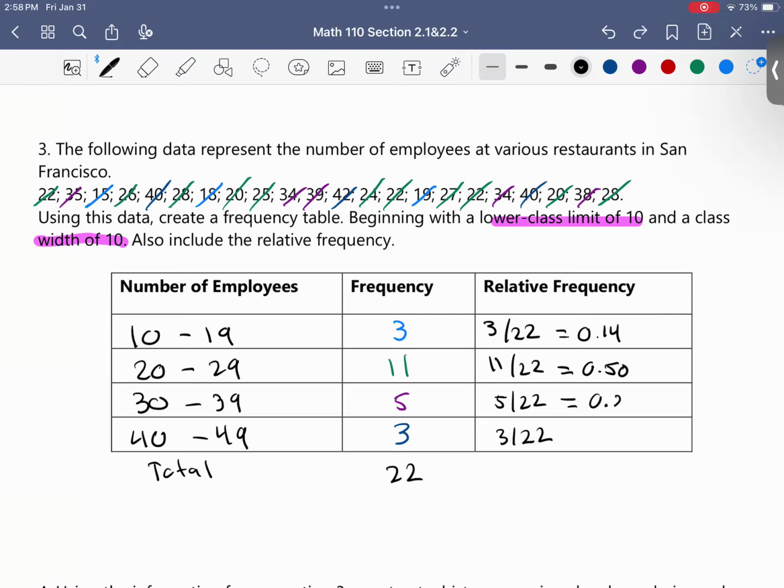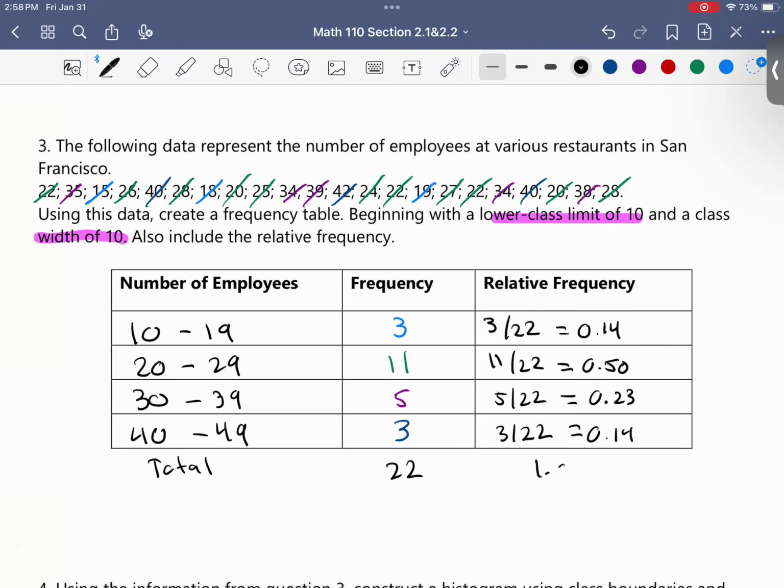Excuse me. 3 divided by 22 is 0.14. And all these add up to, if you put them in your calculator, 1.01. So at least we're close to 1. If you're up a little bit or below a little bit, it's still okay.